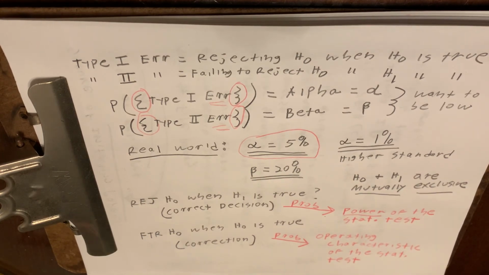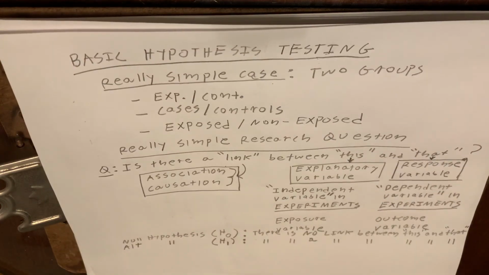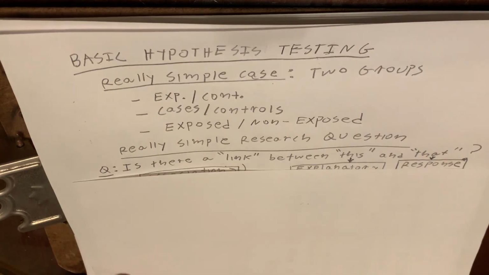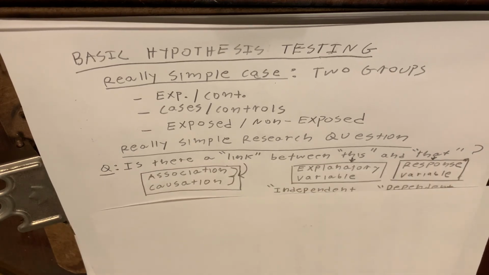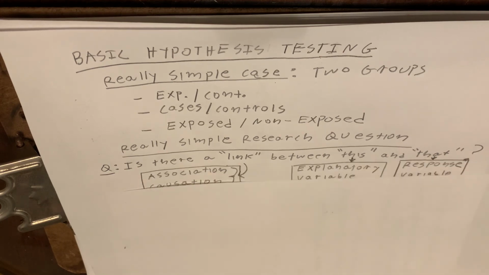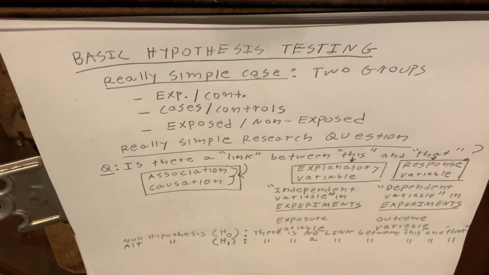So I want to close this video by emphasizing and underscoring the genius behind this statistical hypothesis testing paradigm. So we started out with something really simple. Is there a link between this and that? And of course, in college statistics, we have terminology for what kind of link it is and what we call the this and what we call the that.